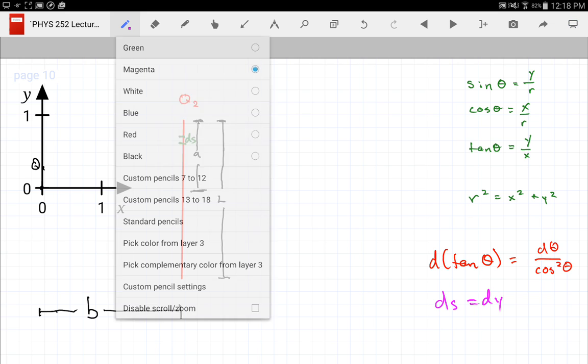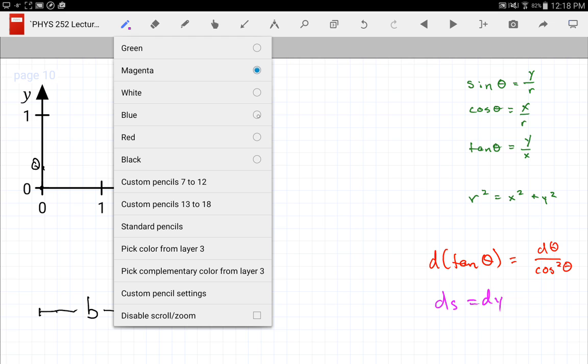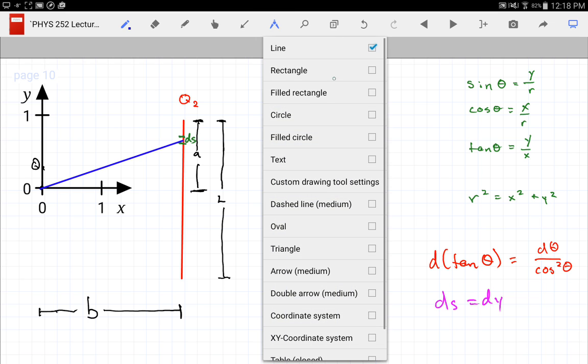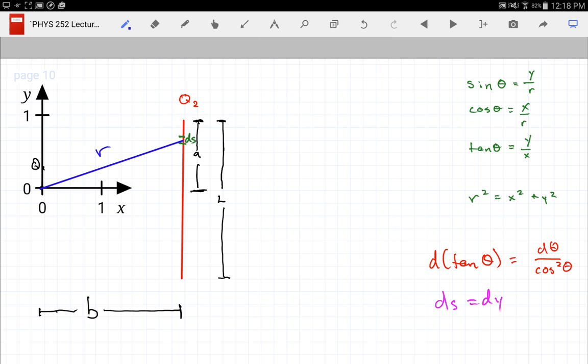And I will have the radius, the distance separating my charges, is r, where r, using the Pythagorean theorem, r squared is x squared plus y squared. But of course, I know one of those variables, since it's always an x distance of b away, I can replace this with r squared is equal to b squared plus y squared.